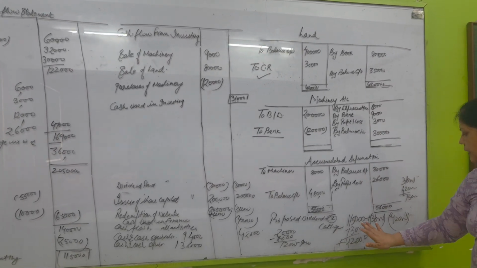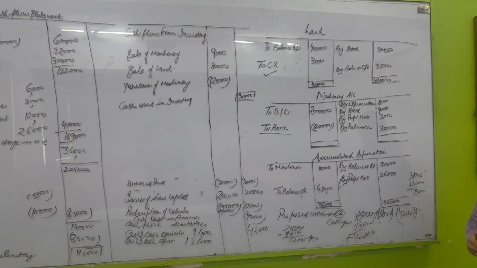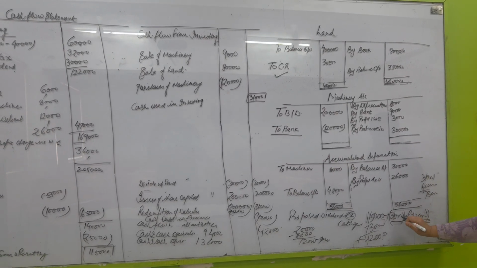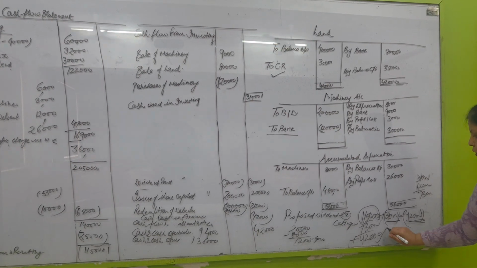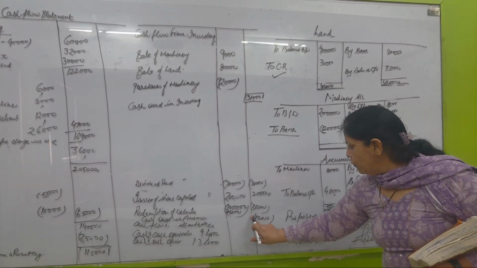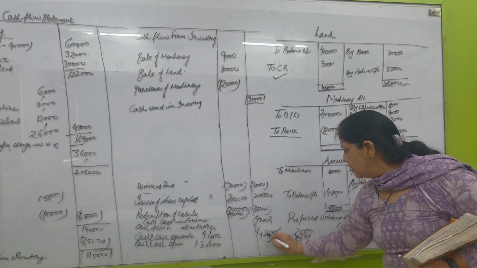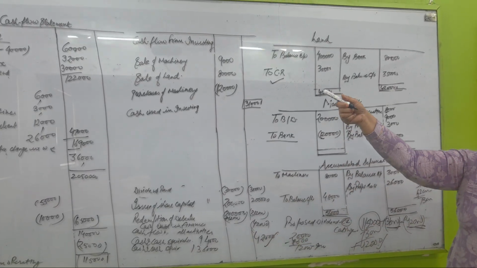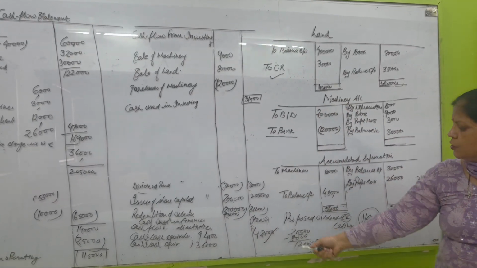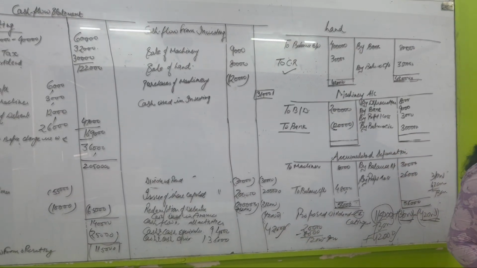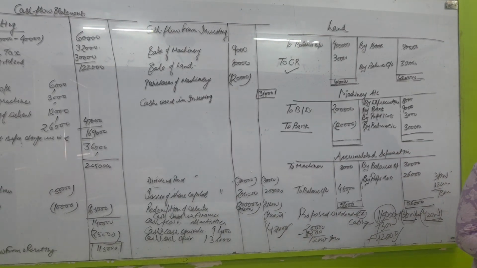Add all the items: investing, financing and operating. If investing, operating and financing total match with this cash flow, then your question is correct, otherwise your question is wrong. That was the topic.